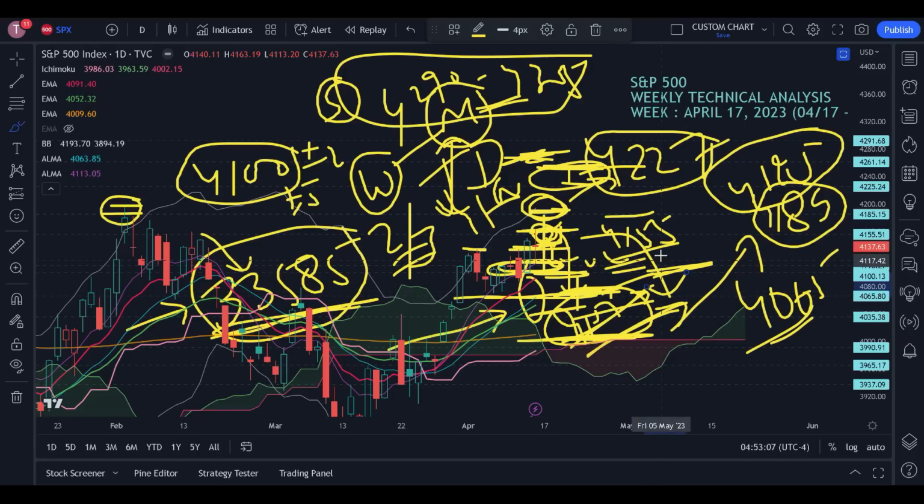Now there is one more thing that you must consider: if the S&P 500 is able to hold and sustain above 4155 and 4160, close above 4155, 4160, in that case this will become the new support, and not just a new support but a good support.